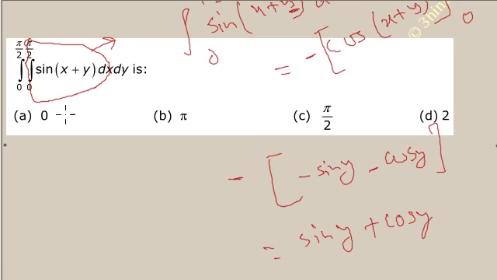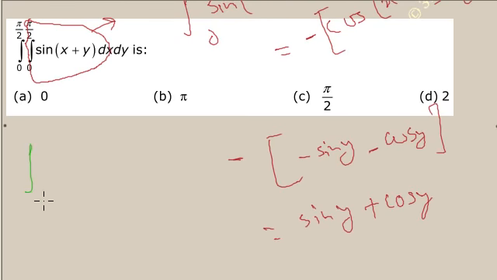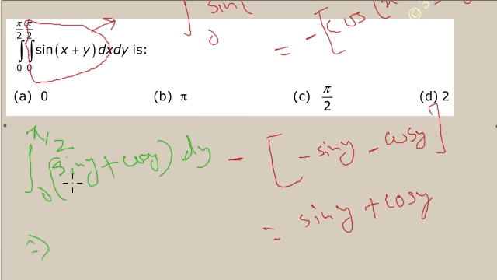So if you put it here, you will get the integration from 0 to pi by 2 of sine y plus cos y dy. If you solve this, integration of sine y is minus cos y, and integration of cos y is sine y, so plus sine y, and you need to put pi by 2 and 0 in this.